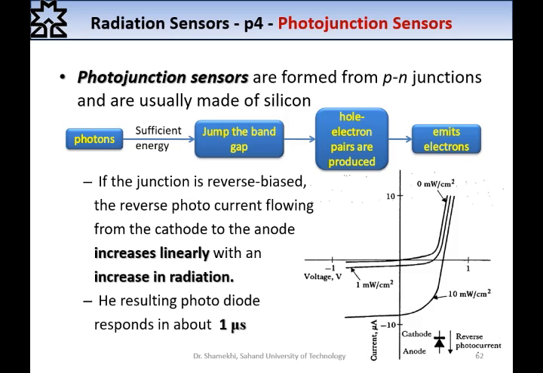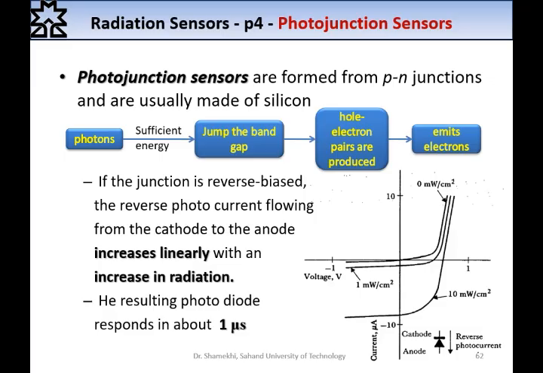The next sensor is the photojunction sensor, formed from p-n junctions and usually made of silicon. As you can see, photons, if they have sufficient energy, can jump the band gap, generate electron-hole pairs, and emit electrons.